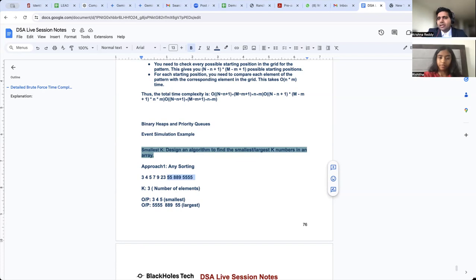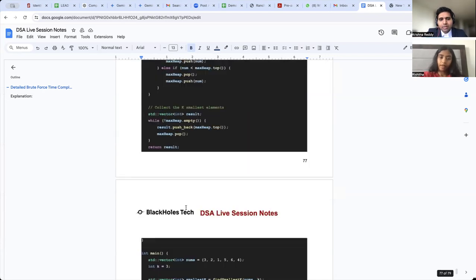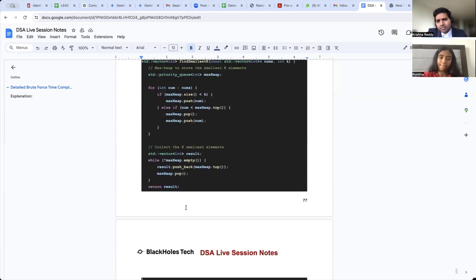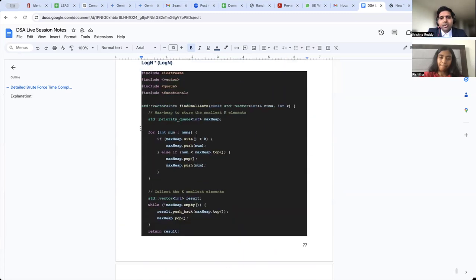So same thing, and in the interview you need to just write this code. You don't need to write the complete code based on the time, but the interviewer would be curious to see whether you will use the inbuilt priority queue in C++. We already knew how to implement the priority queue as well.